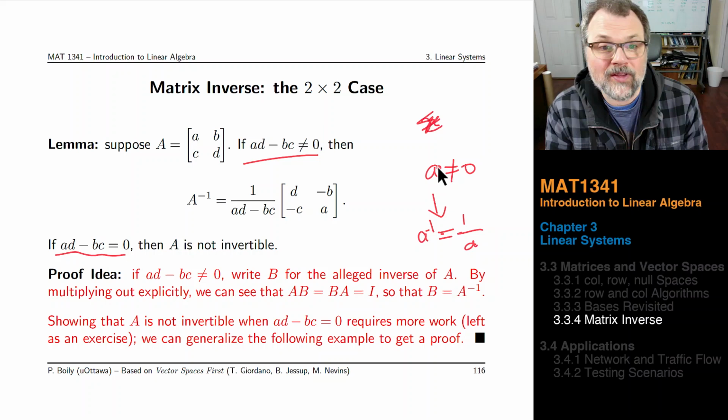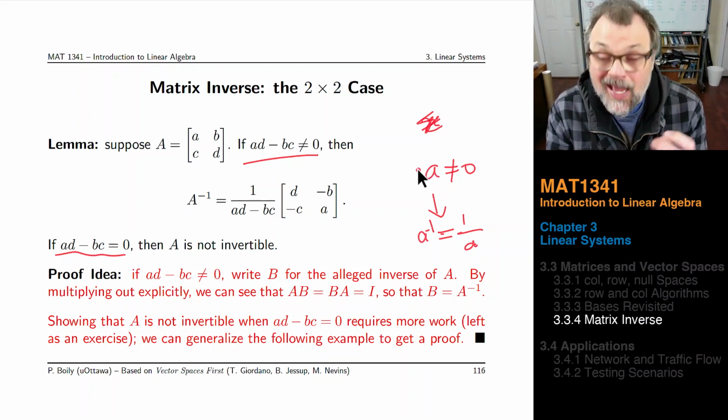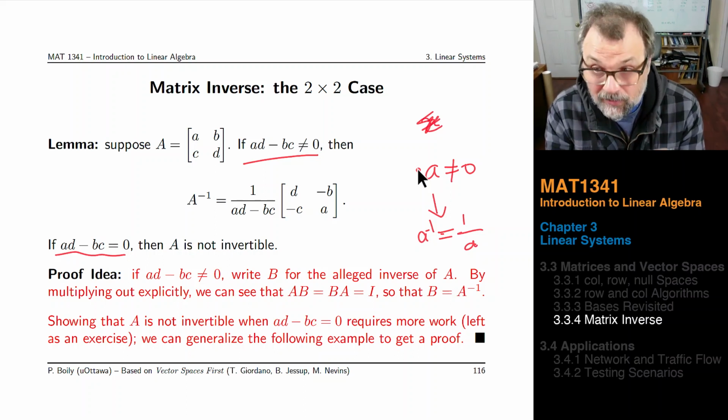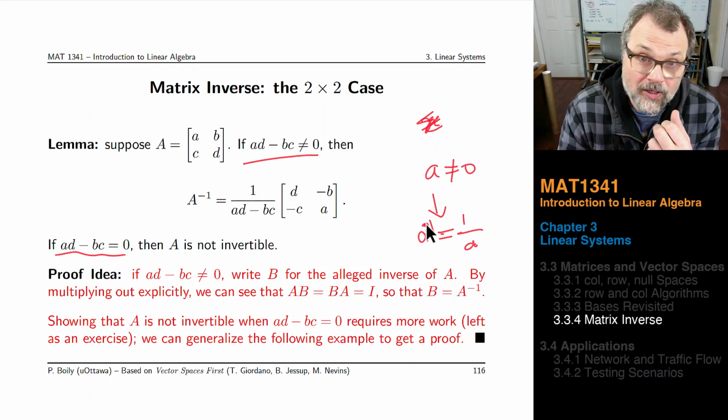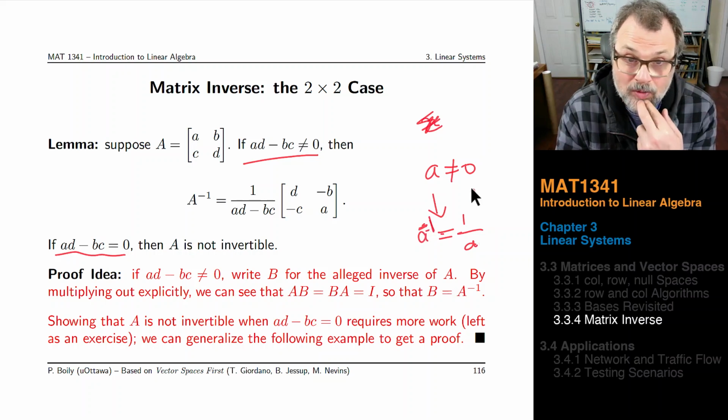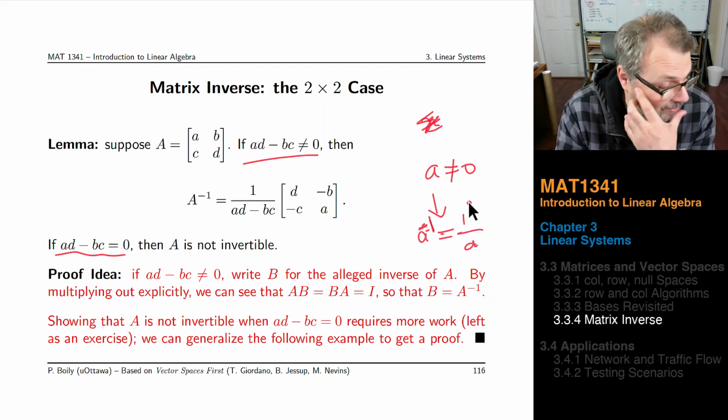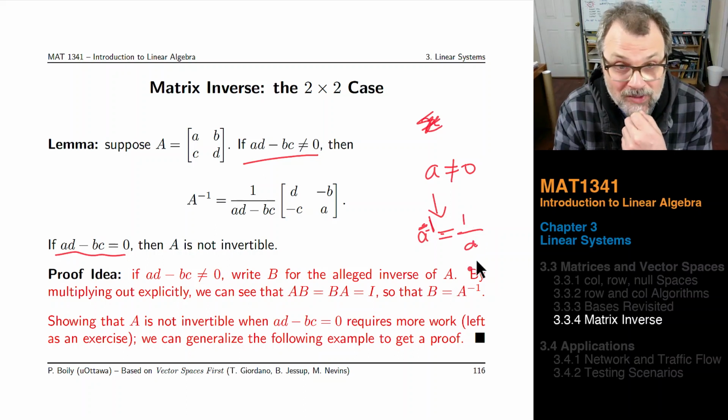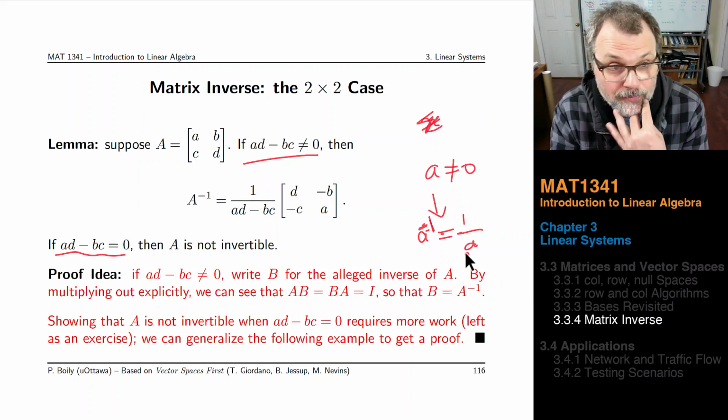Well, if you think of a as a 1 by 1 matrix, a is the determinant of that matrix. So even in this case, where you can divide by a only when a is not 0, what you're really saying is that you can divide by a when the determinant of a is not equal to 0.